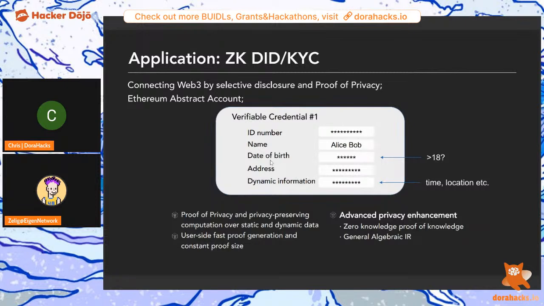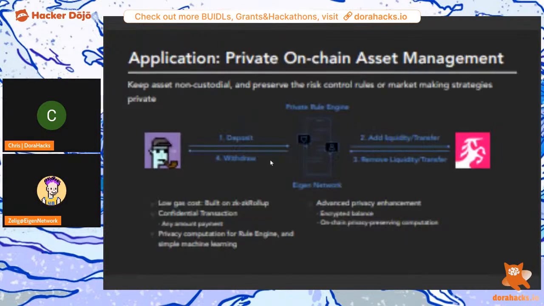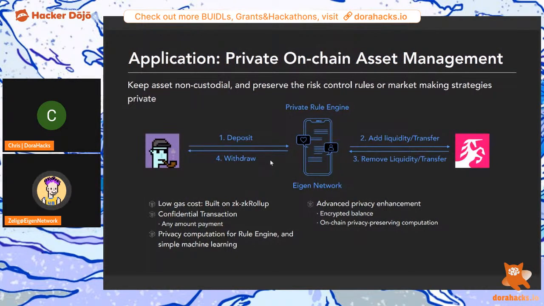We can prove to others that my age is over 18 or my assets exceed 10 million without disclosing the specific values. Private on-chain asset management keeps assets non-custodial and preserves the risk control rules or market making strategy private. Users can enjoy low gas cost, confidential transactions, privacy computation for rule engines, and simple machine learning.